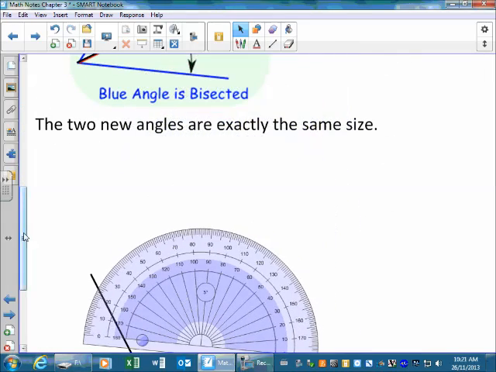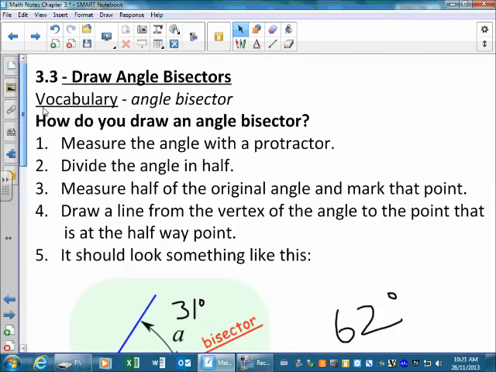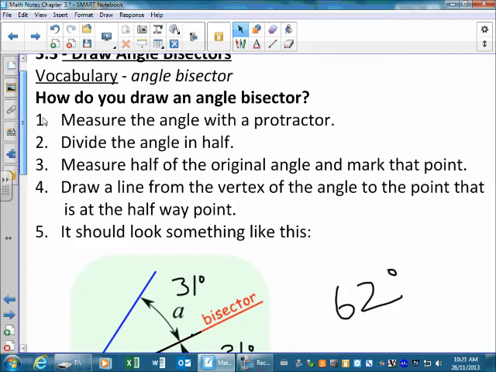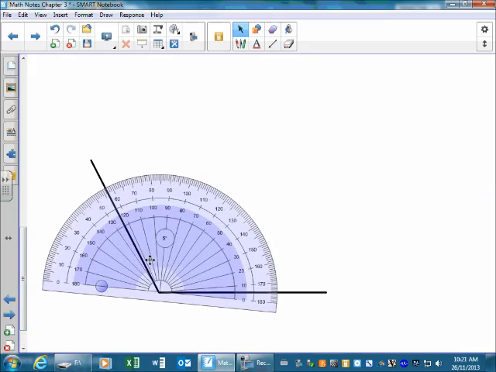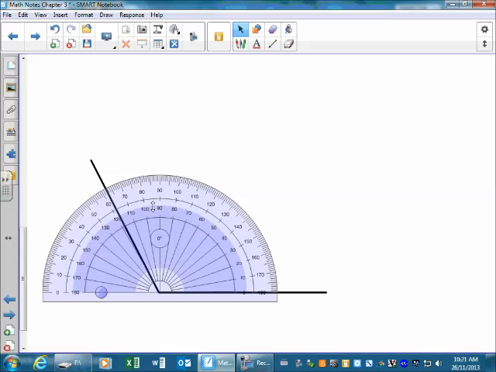And first thing we do, and this is all written up here, you measure the angle, divide it in half, and so on. Okay, I'm just going to show you. So we put that on our point right there. Move it over. There we go. Okay, so now we measure our angle.